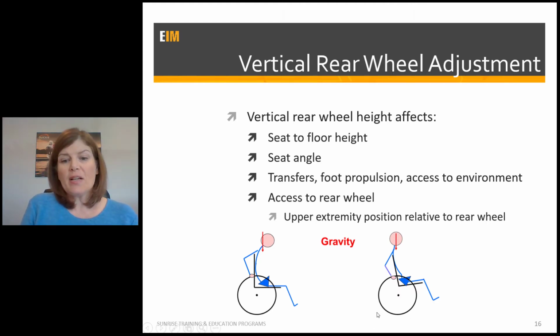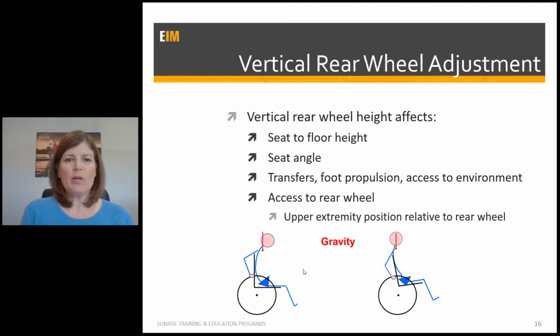But on the right, what we're seeing is that there's less need for such great extension of the shoulder, and it's a more optimal positioning of the upper extremity. Now, I apologize if you've seen these graphics in the past. They have been with Sunrise Medical for a number of years, so throughout the globe, you may have seen these. But I still think that they are a good resource and a good reference for us to think about because they really do highlight the points that I'm trying to make.